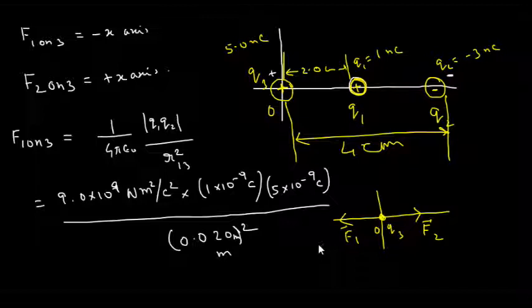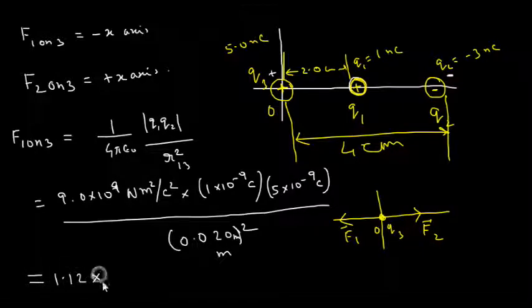Now if we solve this, we'll get 1.12 into 10 to the power minus 4 Newton, which is equal to 112 micronewton.